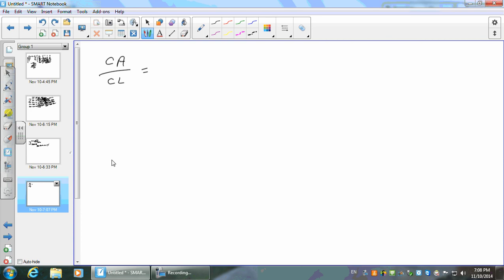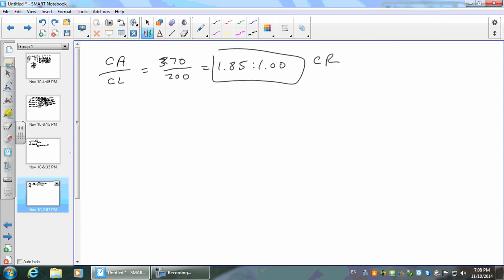Let's calculate. 370 over 200 is 1.85 to 1. That's your current ratio. And all I want to know is what it would be if you do all these things. Well, what do you care about? What current assets change and what current liabilities change? But how do you know? I think maybe a journal entry.